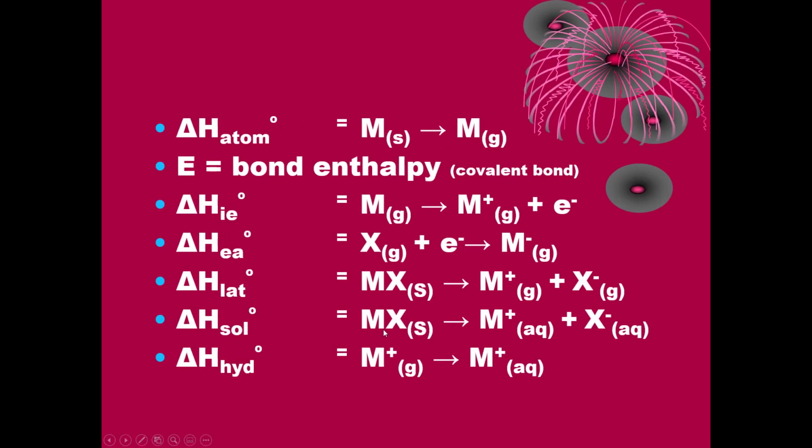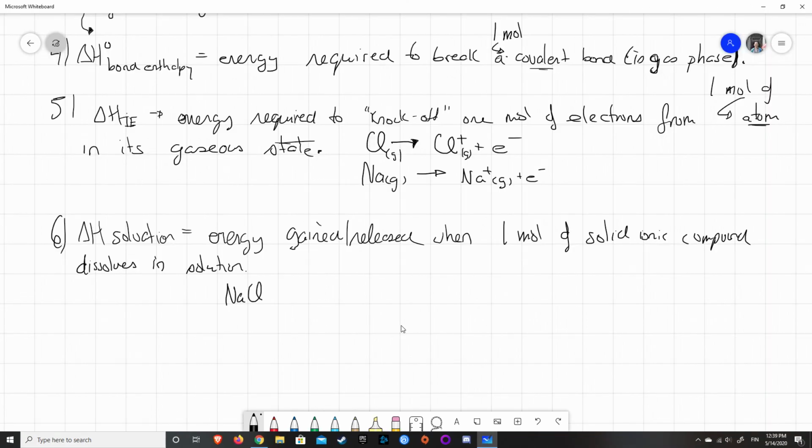And the example is right here. We just take any solid ionic compound, sodium chloride solid, and we break it up into sodium aqueous and chlorine aqueous. So it's just the energy required to break up this ionic bond.